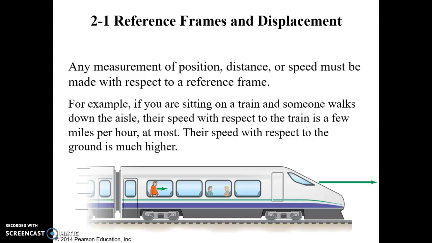If we're talking about your speed with respect to the ground or the rest of the world outside the train, then in fact you are moving at probably 102 miles per hour. So when you set up a problem, you need to clearly define the frame of reference, the parameters in which you are going about solving that problem.